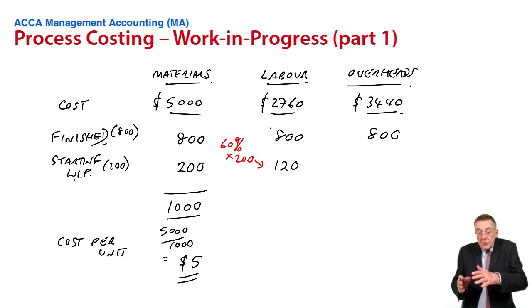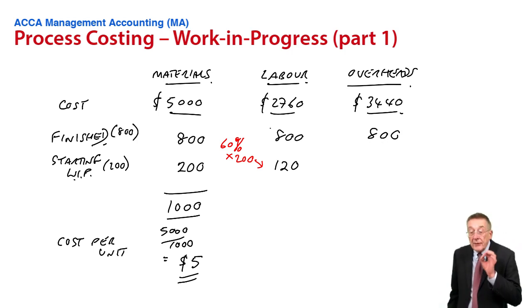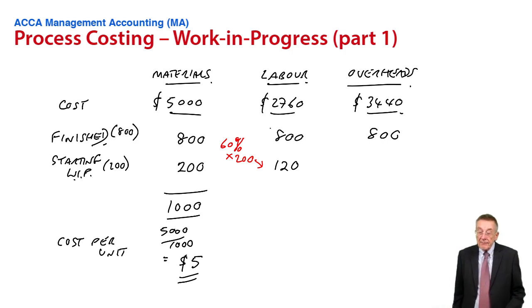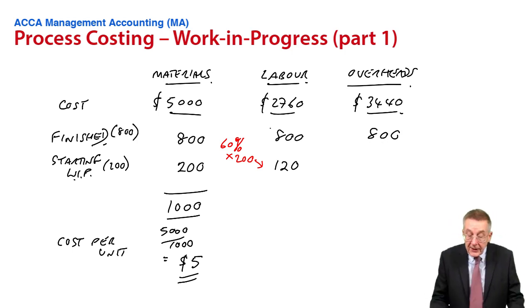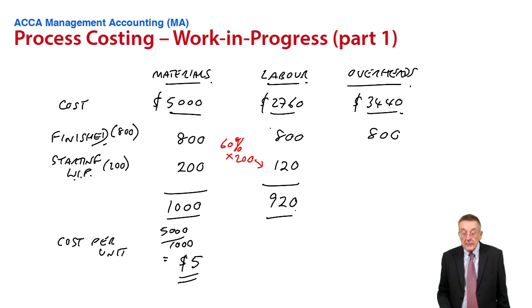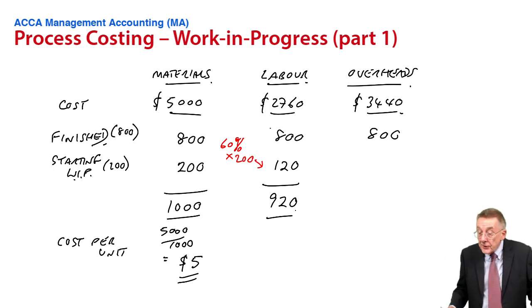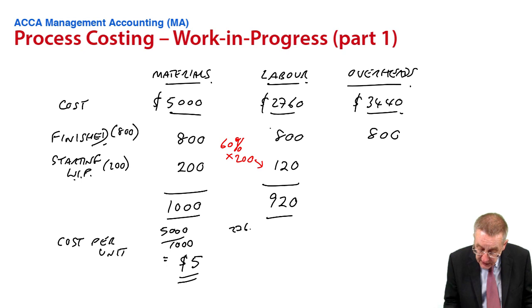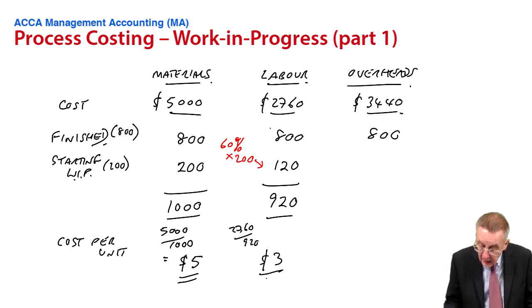So 60% work on 200 is going to cost exactly the same as if we'd done the full work on 120 units. And so it's effectively as though we spent 2,760 making 920 full units. And we say, all right, the cost of a full unit for labour is therefore 2,760 divided by 920, $3.